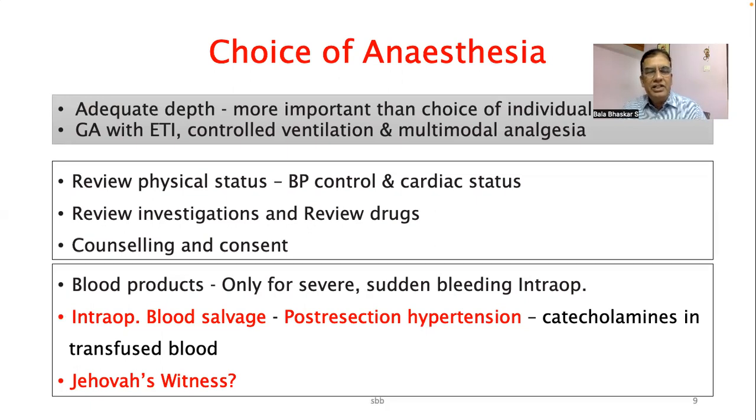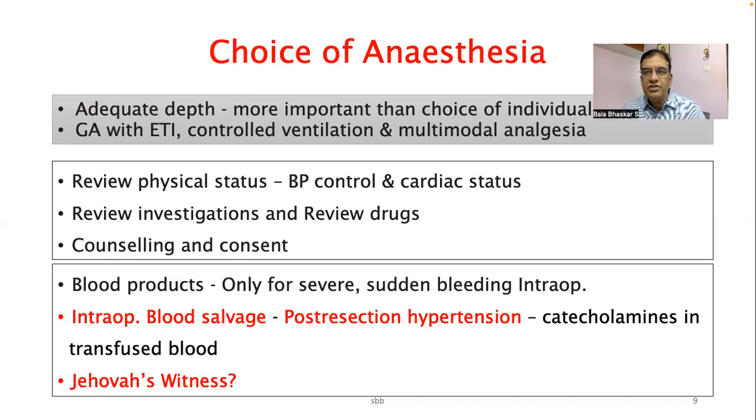I have added a section about the blood products here, even though it is not frequently required. It could be required only when we have a large mass or when you think that it is anatomically difficult to locate for the surgeon. When you anticipate some bleeding, we may arrange it. But I want to highlight the blood salvage in these patients, because when you talk about blood salvage, either preoperative or intraoperative, this blood is rich in catecholamines.